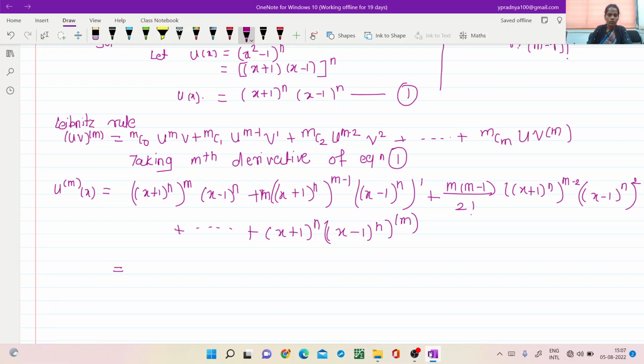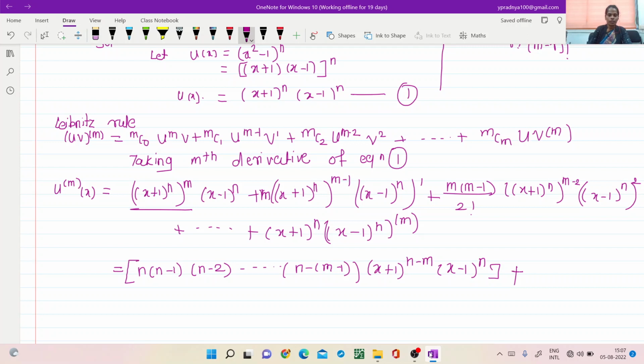Now finding the mth derivative of this term, the mth derivative of (x plus 1) raised to n will be n into (n minus 1) into (n minus 2) and so on, (n minus m plus 1) into (x plus 1) raised to (n minus m) into (x minus 1) raised to n.